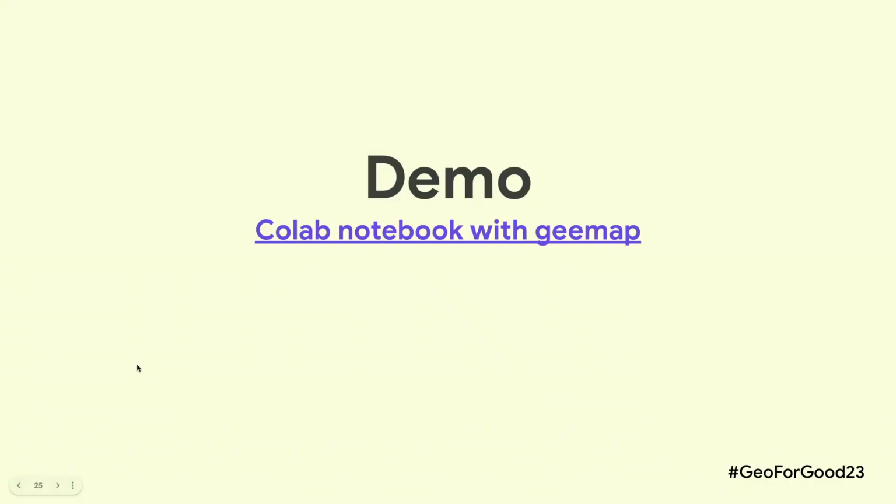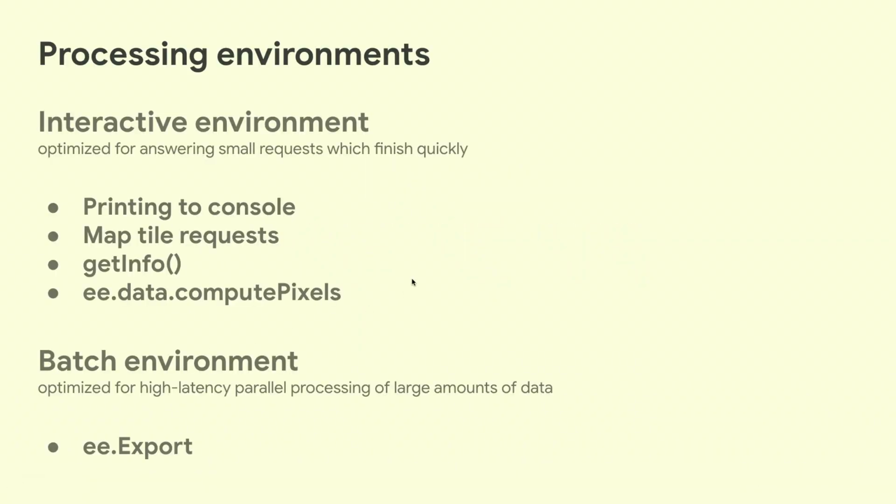And so if you do have bigger processing tasks, you need to move over to this batch environment, which is simply ee.Export. So you are exporting your imagery or your feature collection to an asset, to cloud storage, to Google Drive. And this is a separate thing. It could take hours or days, depending on what your request is.